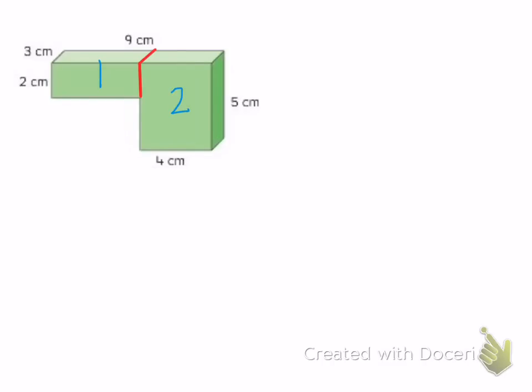And since I have this here, this is how I'm going to break it apart and how I would like you to do it, because that's how the notes will show you. Let's start with number 1. I want you to find the volume of number 1. Come back when you have put in your answer.